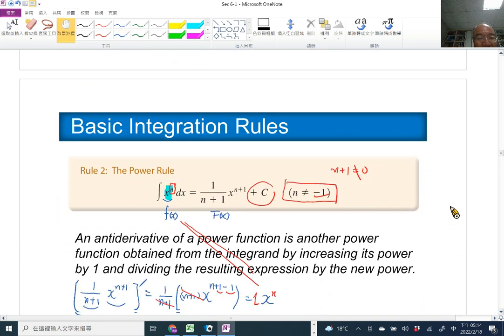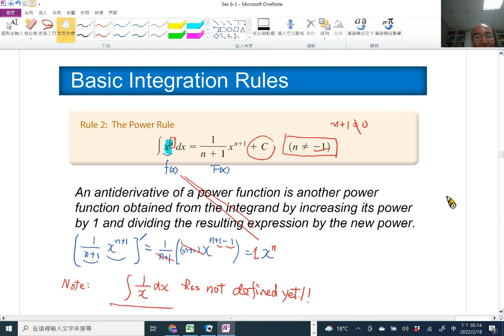Okay, and rule number 2 here, we try to figure out what is the antiderivative for x to the power n. In this case, we're looking for capital F of x such that its derivative is equal to x to the power n. So we check on our left hand side. This is capital F of x, and after the derivative, 1 over n plus 1 is the constant pulled out, and x to the power n plus 1, we use the derivative power rule.